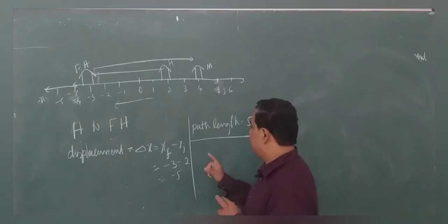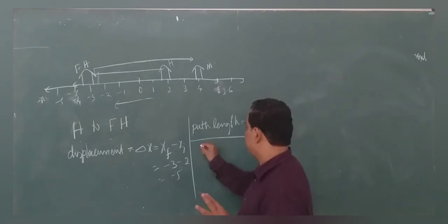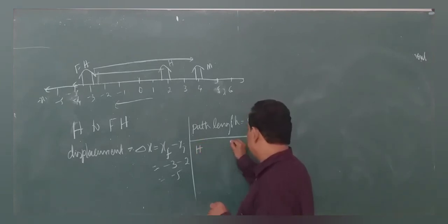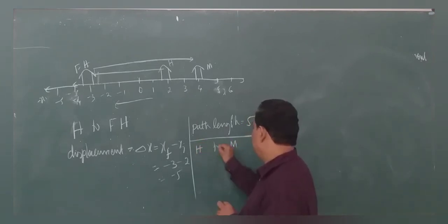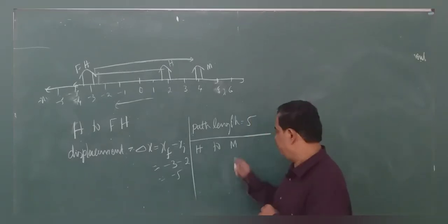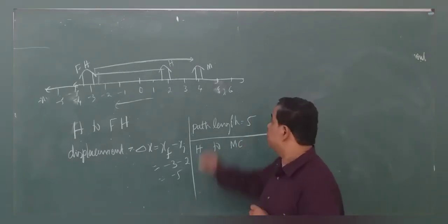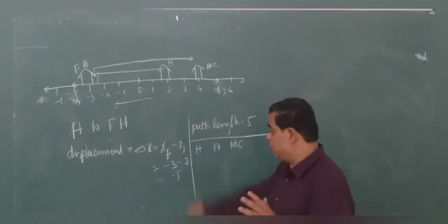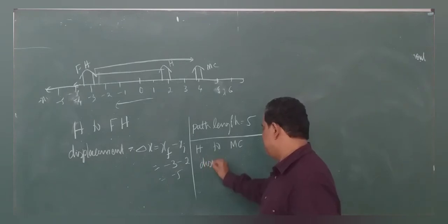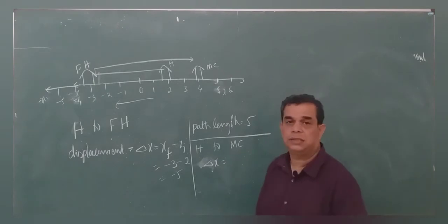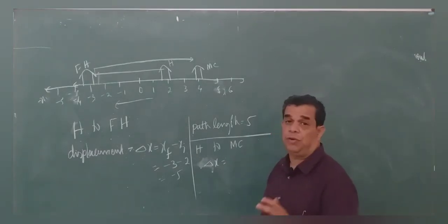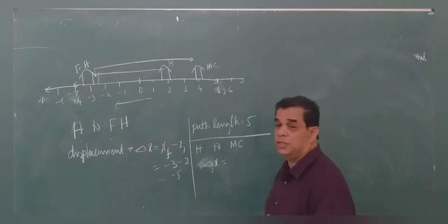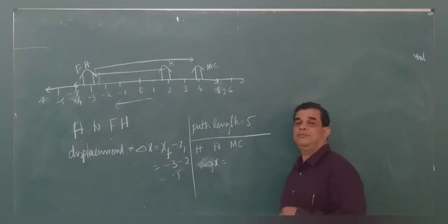Now I want you to think of the displacement and path length for the journey from house to college. Instead of writing the complete word displacement, I write delta x. Since you live in the world of mobile phones and smartphones, you all use shortcuts in SMS.